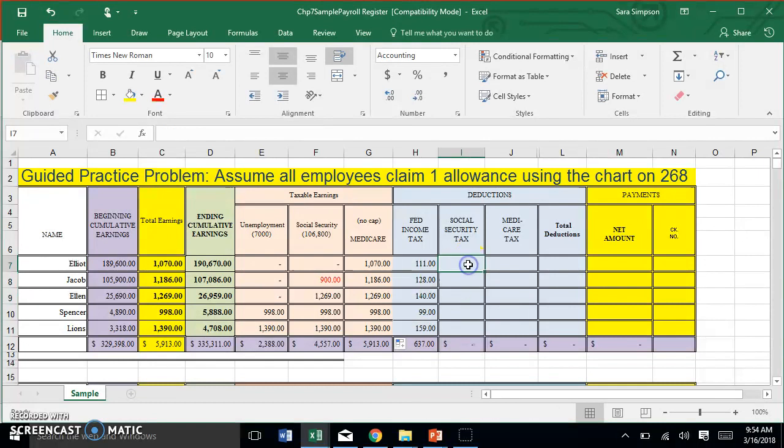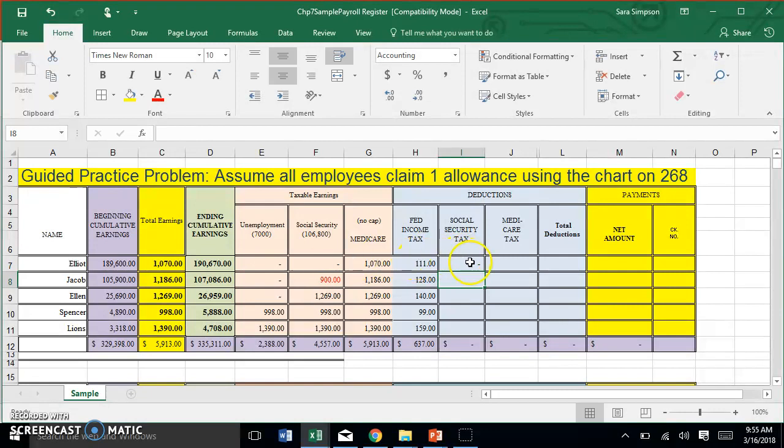Social Security tax is equal to 6.2%, which is 0.062 on a calculator, times the Social Security taxable earnings. And we do this where we can drag the formula.